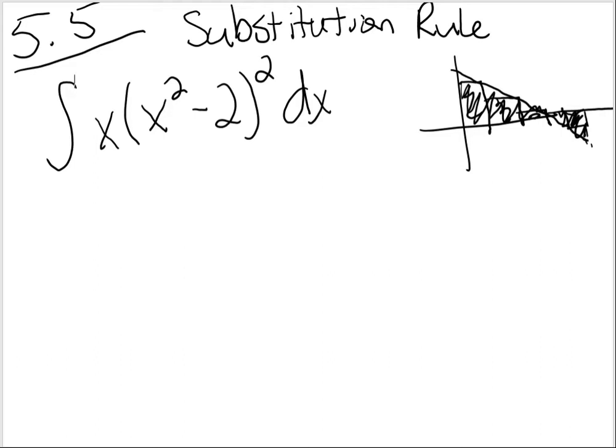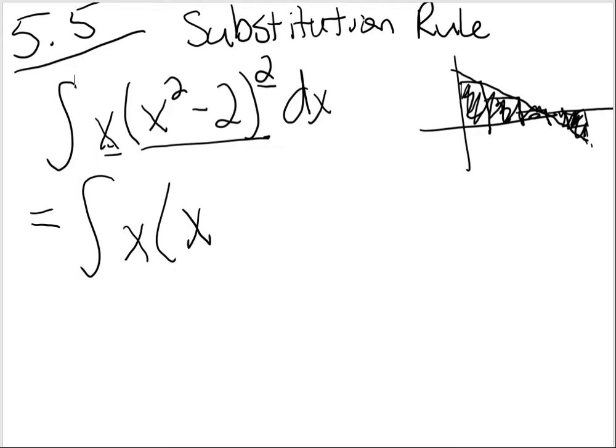Well, first thing I notice is at this point in time, I don't just have a polynomial yet, I have this term squared and then multiplied by an x. So I really can't do anything with the power rule yet.